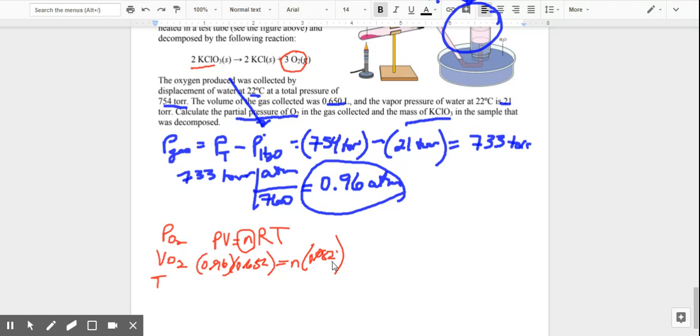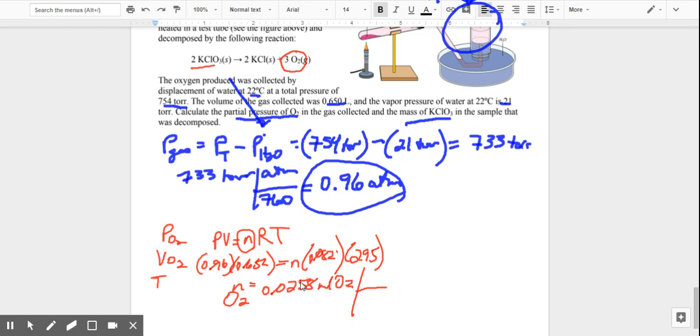So I have 22 plus 273. That's equal to 295 Kelvin. Now I'm going to solve for n. And again, n here is the moles of O2 because that's the gas that I've collected there. So I end up finding that I have 0.0258 moles of O2.